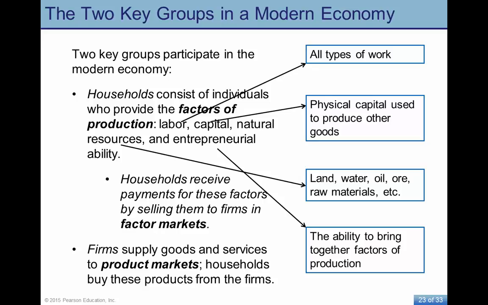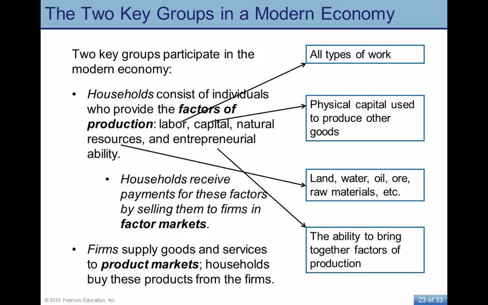Households own factors of production and then they sell factors of production. Who buys them? Firms. So you can see that households consist of individuals who provide the factors of production. There are 4 factors of production.